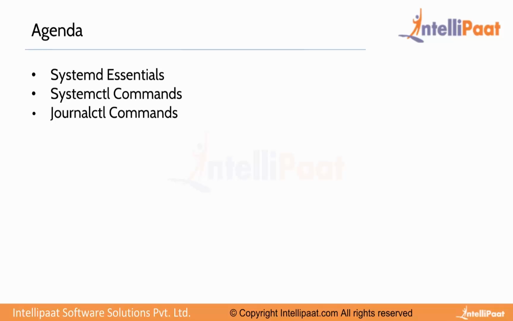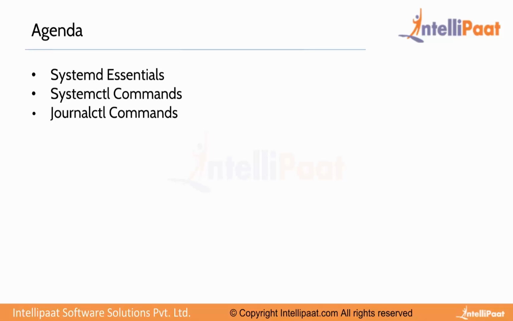So the new way, which is relevant for CentOS 7 and Red Hat 7, that is the systemd, and the command used is systemctl instead of service. Okay, and the syntax is a bit different as well. We'll discuss that.